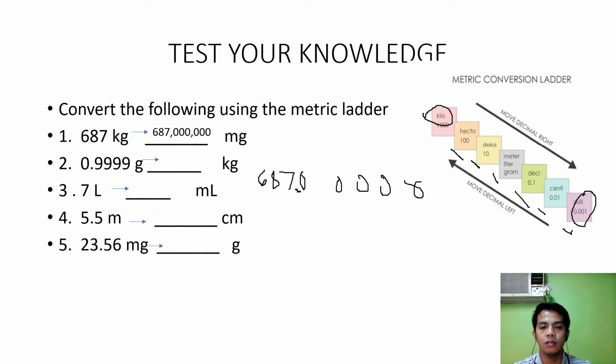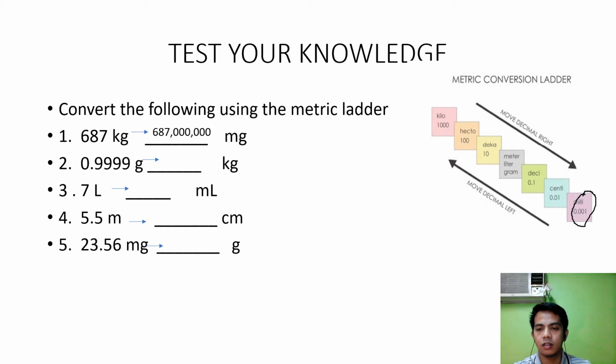So number 2 is 0.9999 grams convert to kilogram. So this is grams convert to kilograms. So we need to move upward. So count 1, 2, 3. So we need to move the decimal places 3 times from right to left.